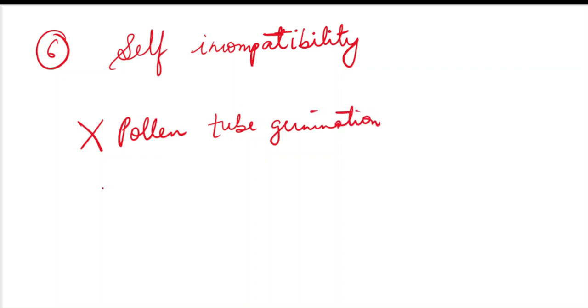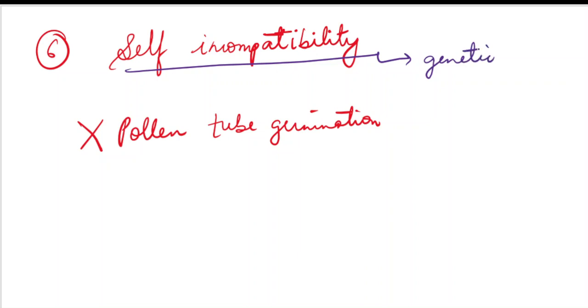Maybe the pollen grain is suppressed or something. This is all occurring because of a genetic mechanism. So self incompatibility is something which occurs because of a genetic mechanism.